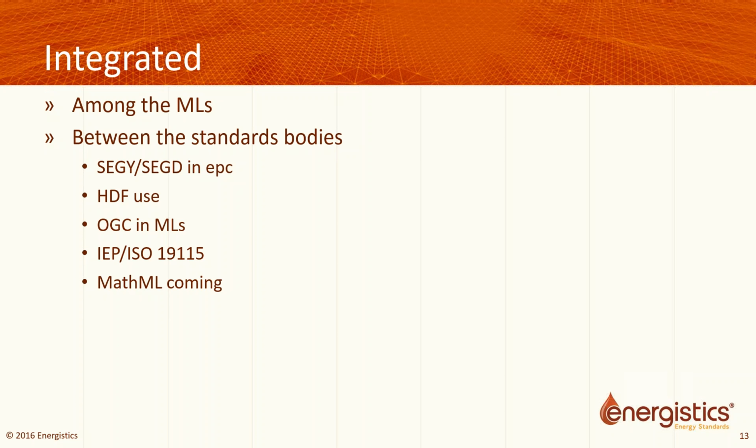And in addition to that, we've taken a fresh look at what other standards exist outside of Energistics to see where they could be incorporated into our MLs. As it happens, the only one that's relevant to WITSML is the use of ISO 19115 metadata. So that's the only one which is particularly relevant to WITSML. And I'll mention that again in a few minutes.